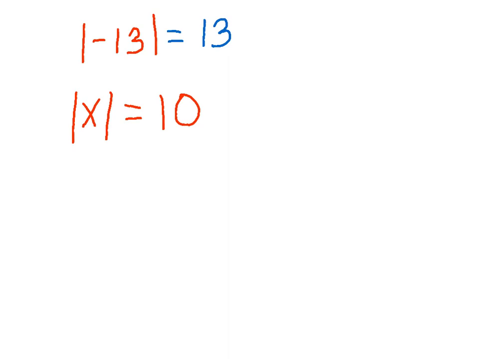Now, down here, this is a little different. What you're told is that the distance of x from 0 is 10, and we don't know what this x is. So if I were to draw a number line, we're looking for the numbers that have a distance of 10 away from 0.